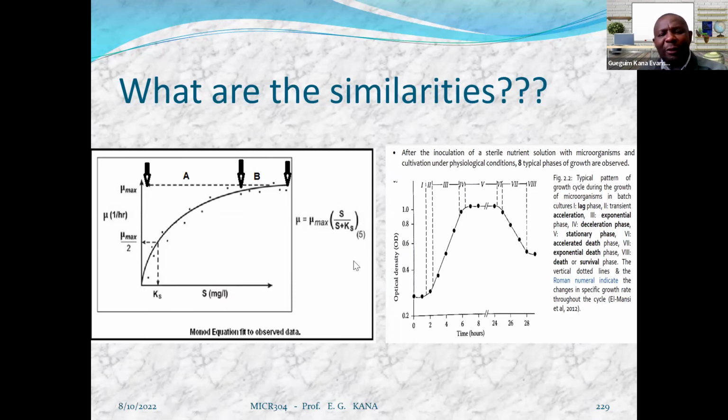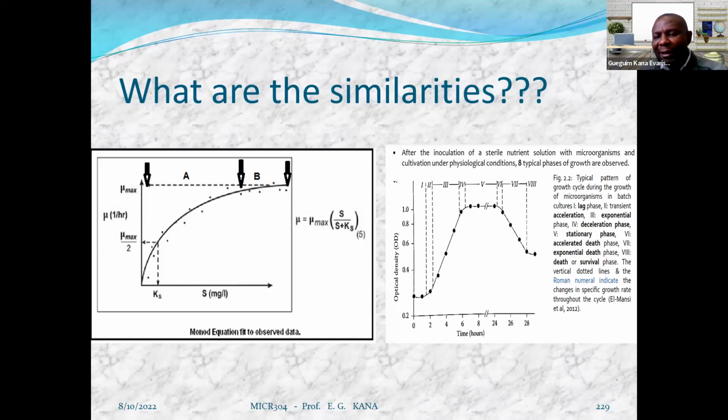Does it correspond to the lag phase, exponential phase, deceleration phase, or stationary phase? If you answer correctly, you're going to have the 1 mark. Of course, we are dealing with two different graphs, but they have some common points.